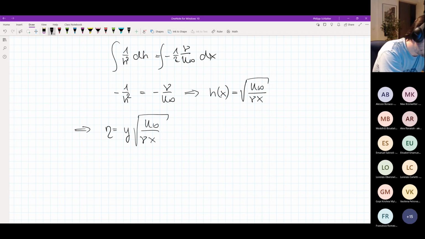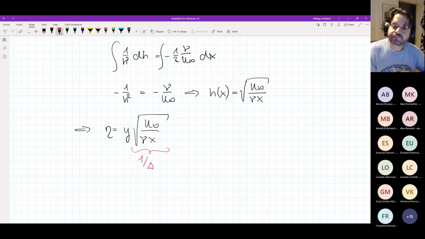So that means that actually this part needs to have the dimension of a length scale. And if I look at this, I can see it needs to have the dimension of an inverse length scale. So that means I can actually introduce this length scale as being delta, or 1 over delta.